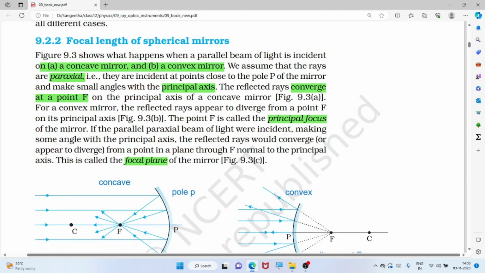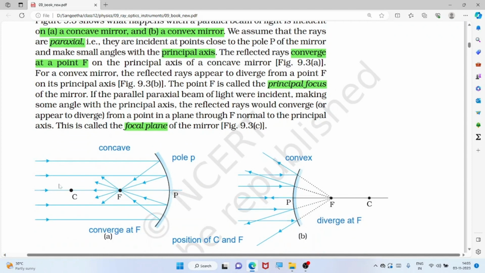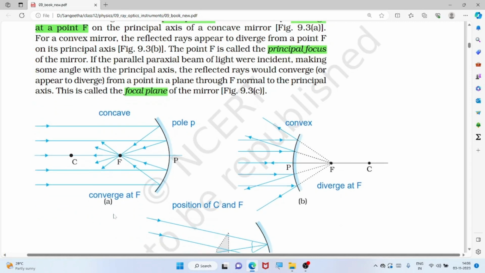There are two types of mirrors, concave and convex, and this is the principal axis. This is the center of curvature C. This is the focus, and this is the pole P. For the concave mirror, the rays converge at the focus.